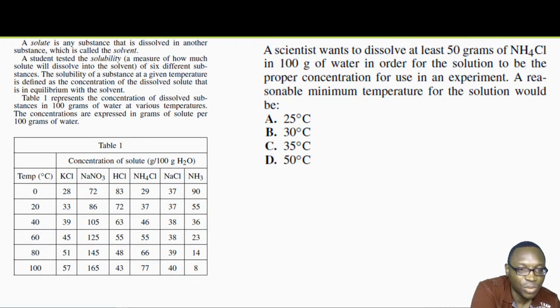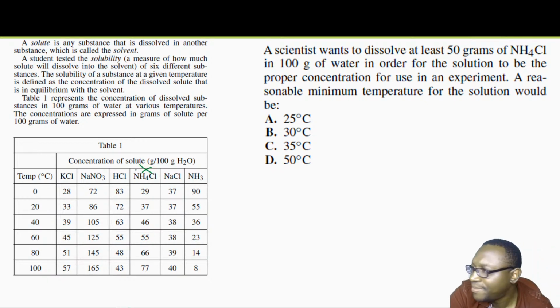And then the last one for this passage. A scientist wants to dissolve at least 50 grams of NH4Cl in 100 grams of water in order for the solution to be a proper concentration for use in an experiment. A reasonable minimum temperature for the solution would be, so we're looking at NH4Cl, so this is all we care about, that column.